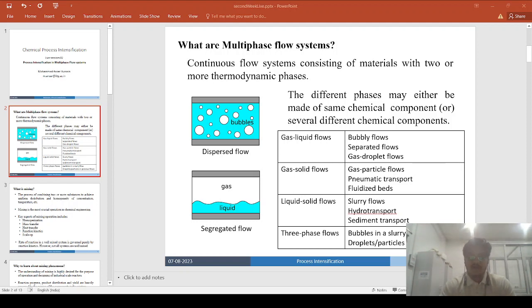Now coming to the example of the liquid systems. Here the liquids are used both as discrete and continuous fluid. One liquid phase can act as the continuous phase, and another liquid phase can act as the dispersed phase. An example is the flow of emulsion of oil and water in pipelines.